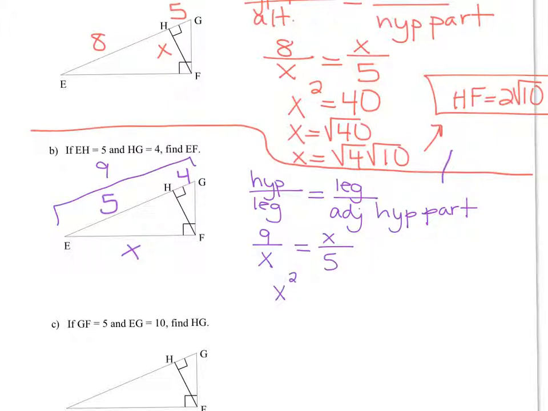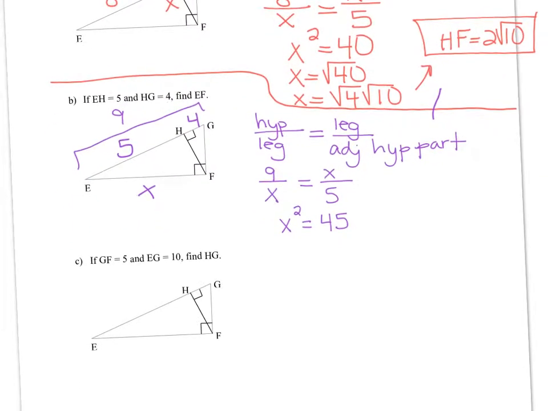X squared then equals 45. We end up with x equaling, I'm going to break down that 45 right away. It's actually the 9 and 5 that we had from the problem. And we are left with EF to equal 3 root 5.